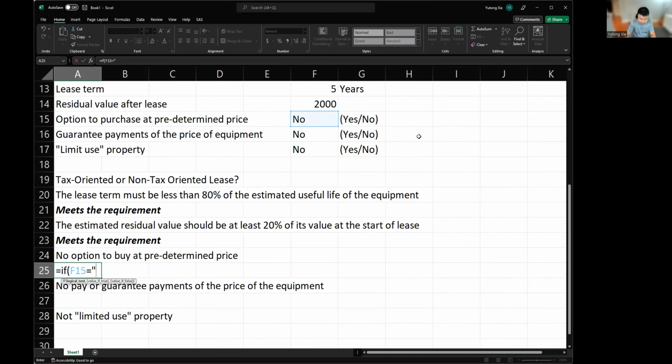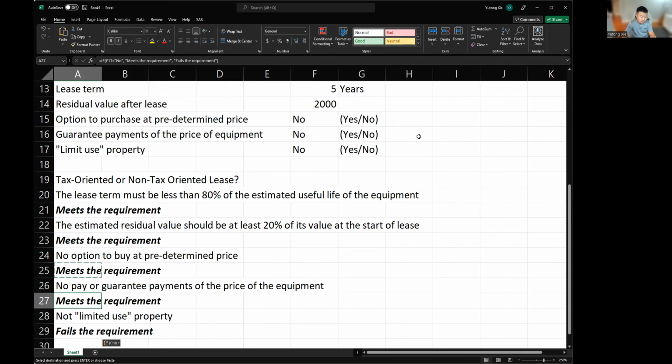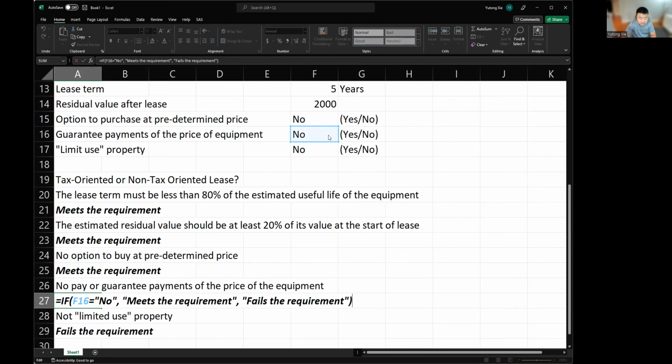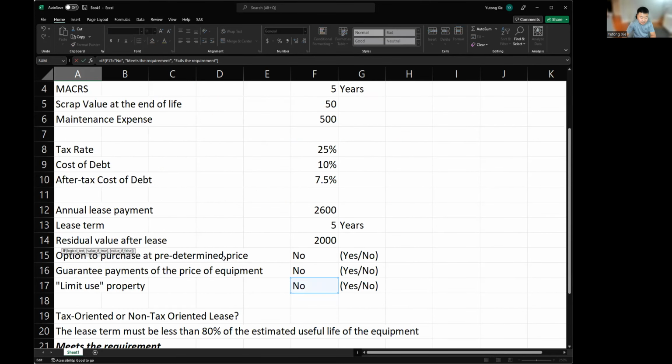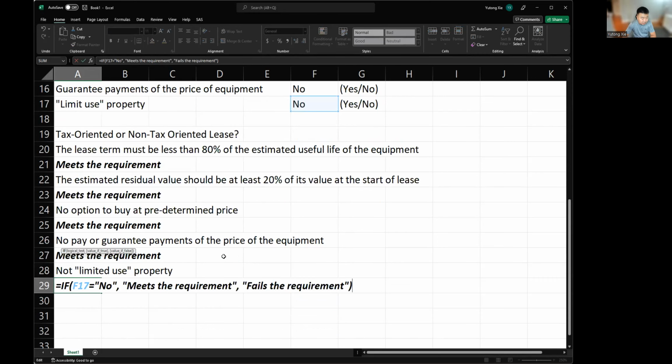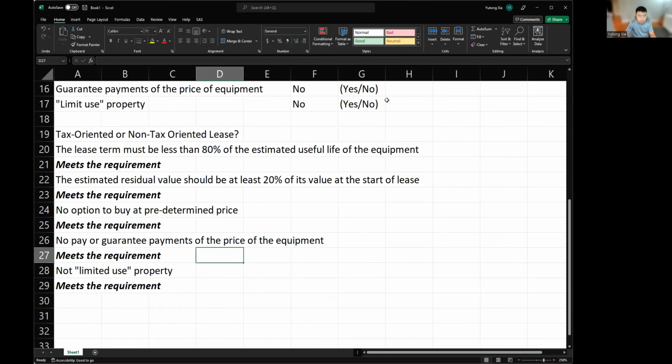If this equals a no, then we say it meets the requirement, else we say it fails the requirement. Okay, so I'm going to copy and change the cell reference. This is referring to F16, and the last one is referring to F17, where we put limited use property as a no.